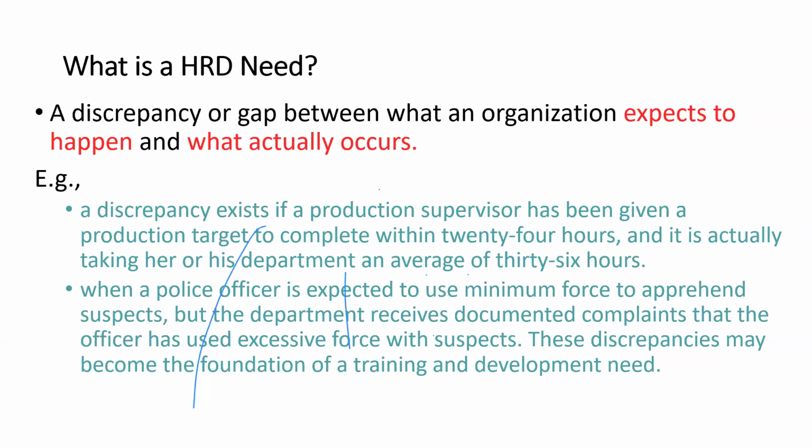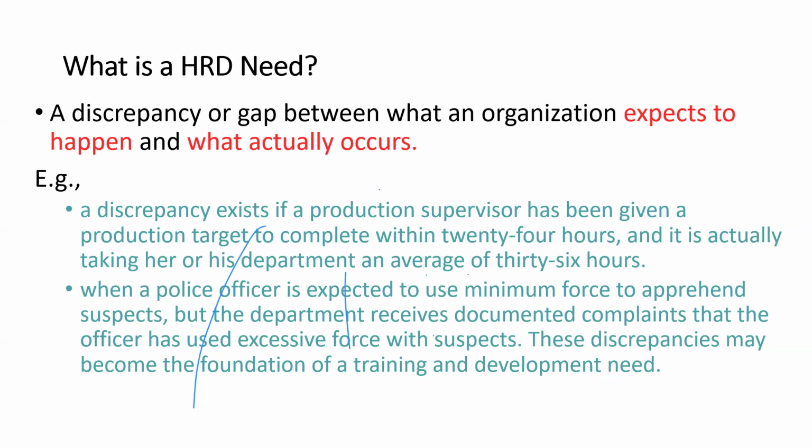So in that case, when he is using maximum force, he has not been trained to perform his duties. Expected level is to use minimum force, and the actual is using maximum force. So there is a difference, and that difference is the need for HRD, need for development.